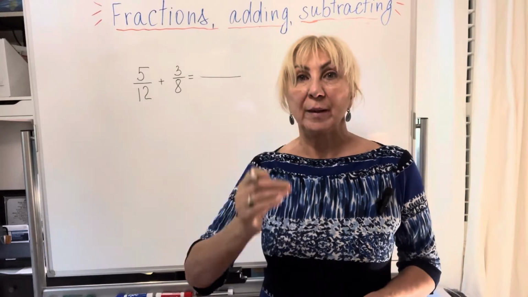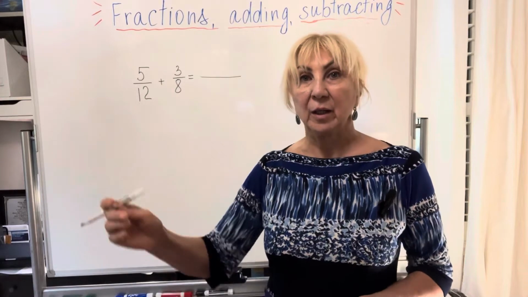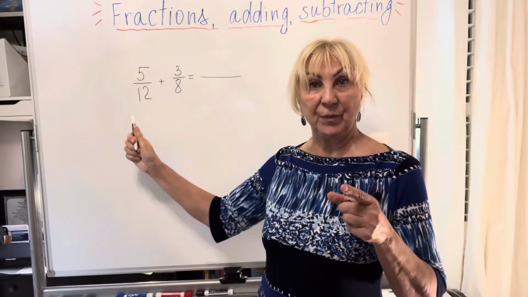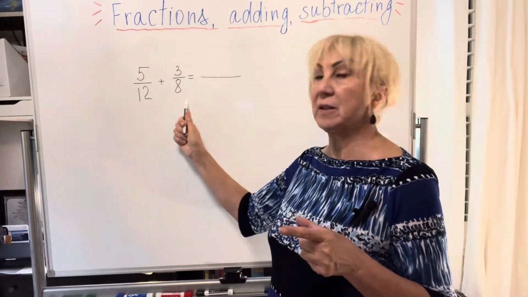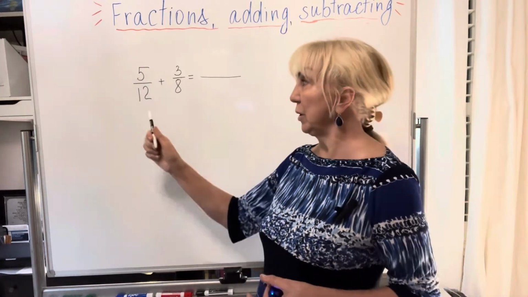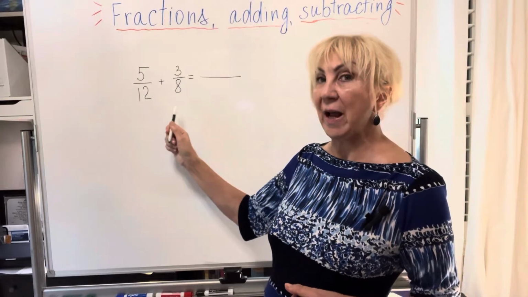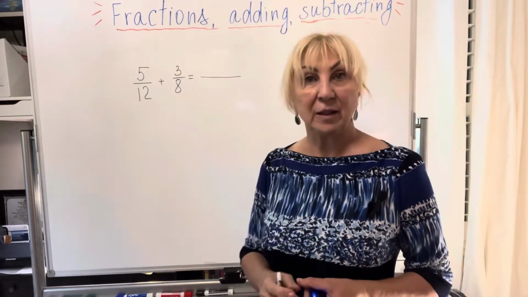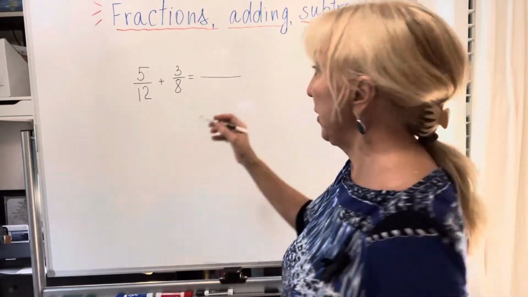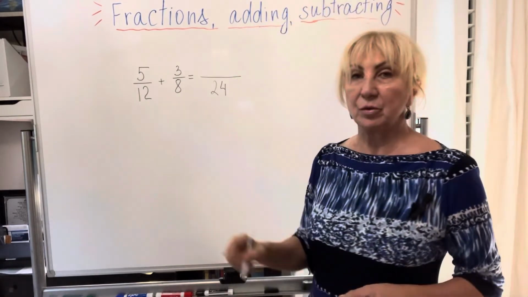Let me repeat these steps one more time. You look at the larger denominator, which is 12. 12 is not divisible evenly by 8, so the next multiple of 12 is 24. Try dividing by 8, and it works. The answer is 3, right? So 24 is our common denominator for those two fractions.